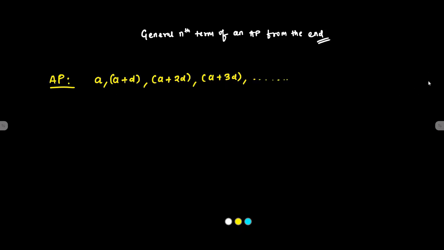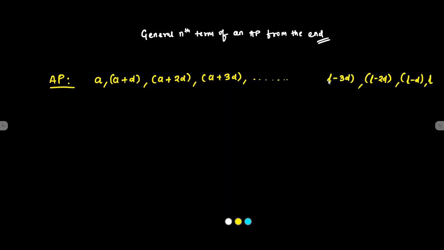The term just before it will be less than it by the common difference, so it will be L minus d. The term before it will be less than this term by d, so it will be L minus 2d. The term before L minus 2d will be less by d, so it is L minus 3d.